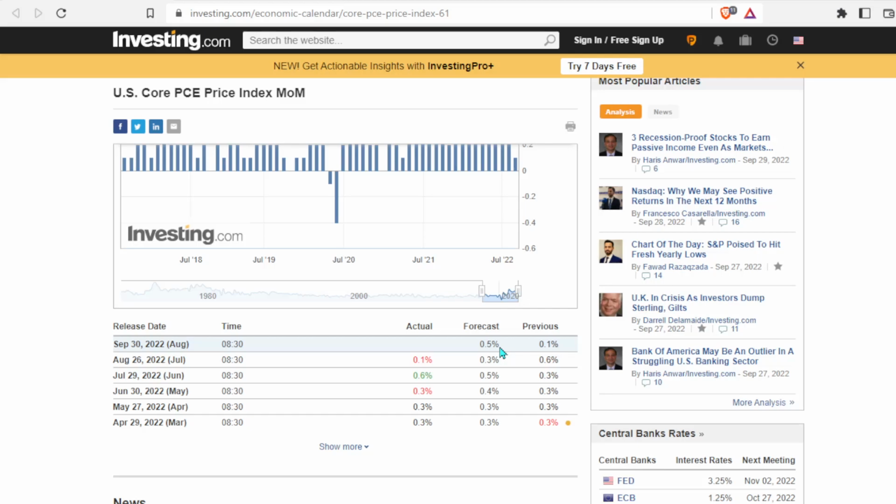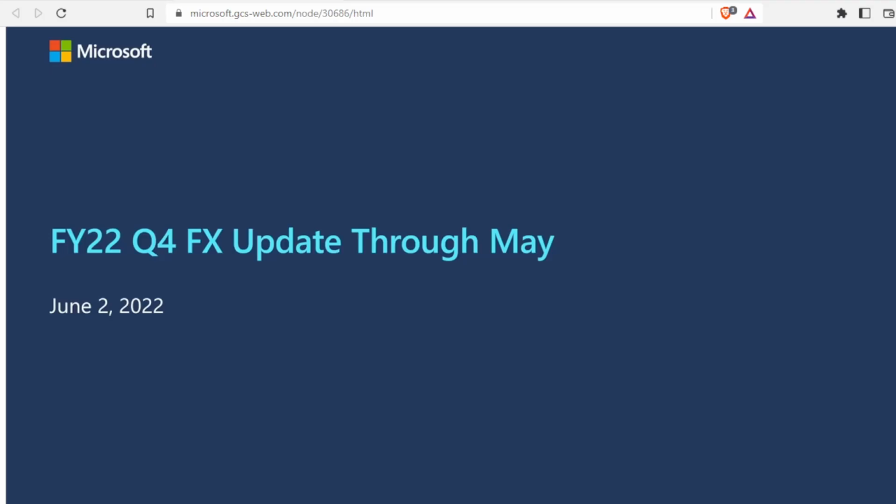The next thing I'm definitely worried about is FX revisions. Back here in June, Microsoft did an FX update earlier in the month. They reported later in the month, but early in the month, they gave us a revision on their foreign exchange effects. The dollar has been very, very strong right now, and we're continuously increasing interest rates faster than all of these other countries, so the dollar is probably going to continue to be strong.